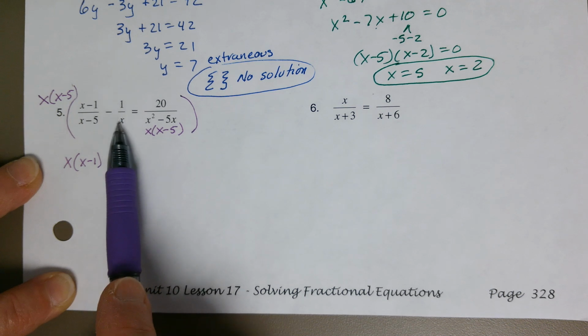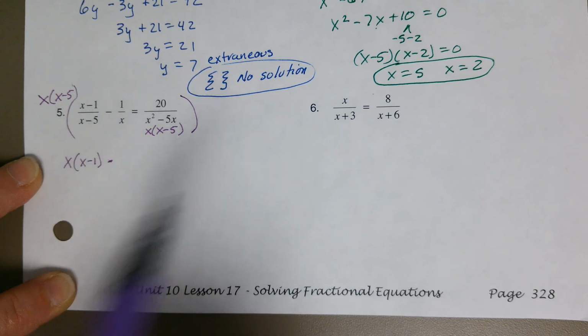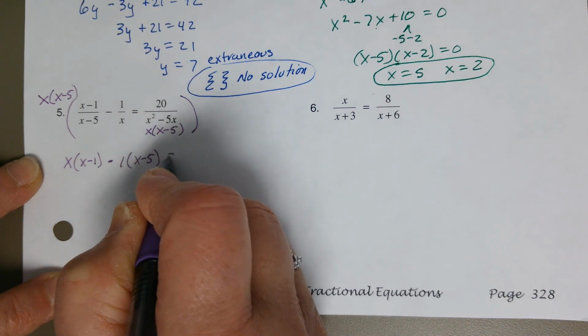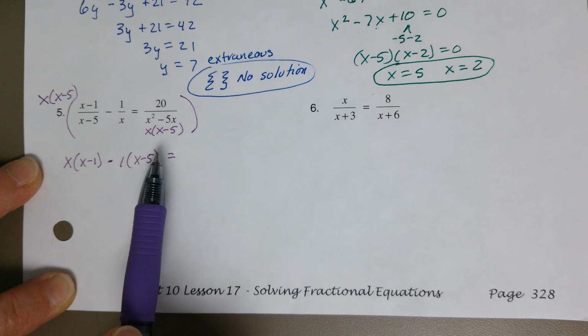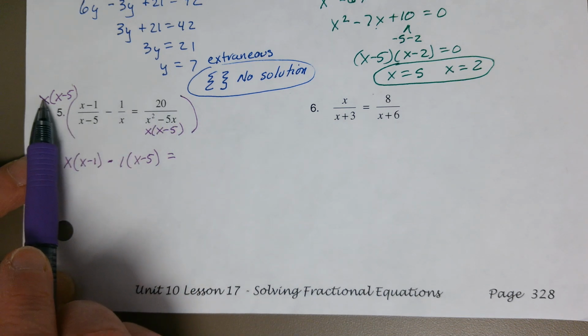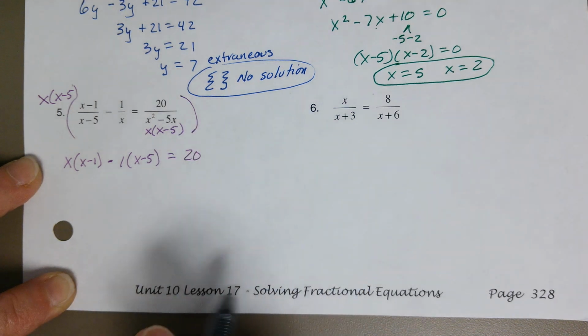Taking the second fraction, multiplying it by this, the x's divide out, 1 times x minus 5. And taking this fraction, multiplying by this, the x and the x minus 5 divide out, we're left with 20.